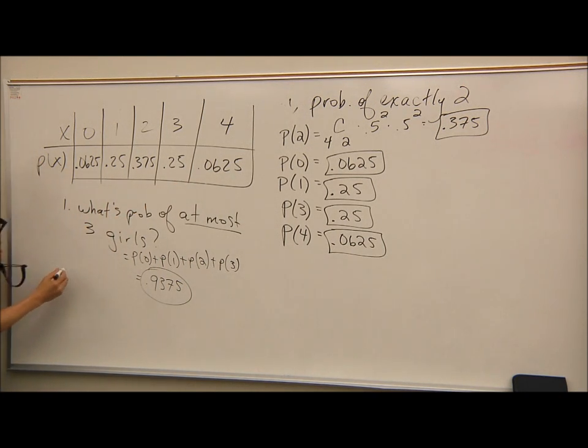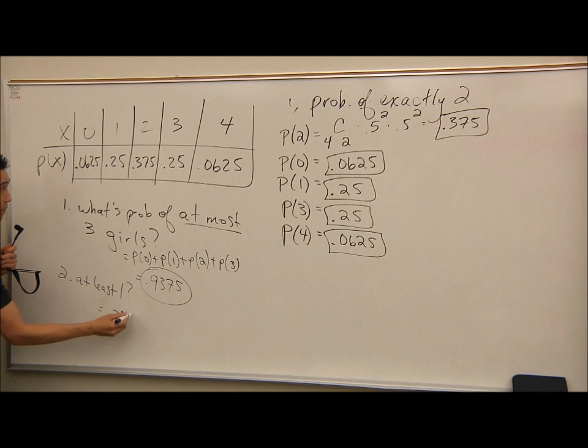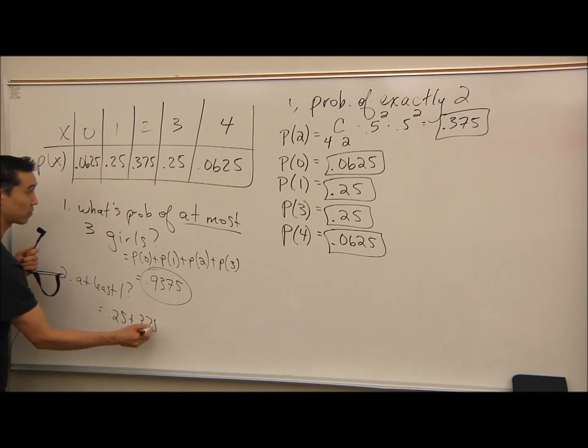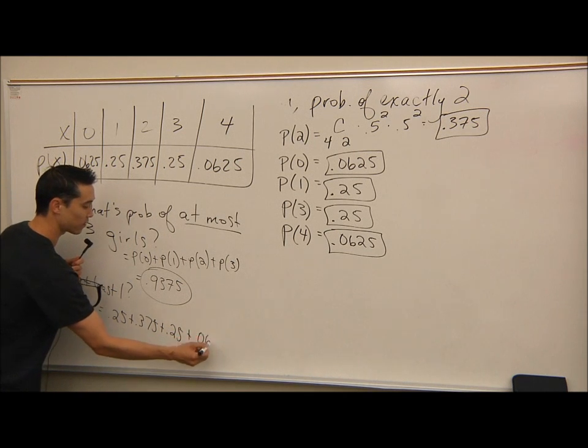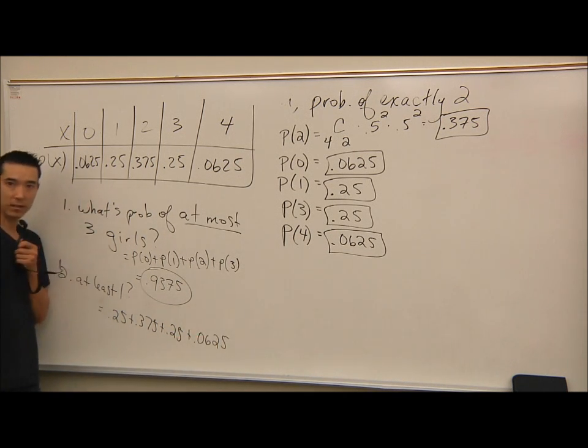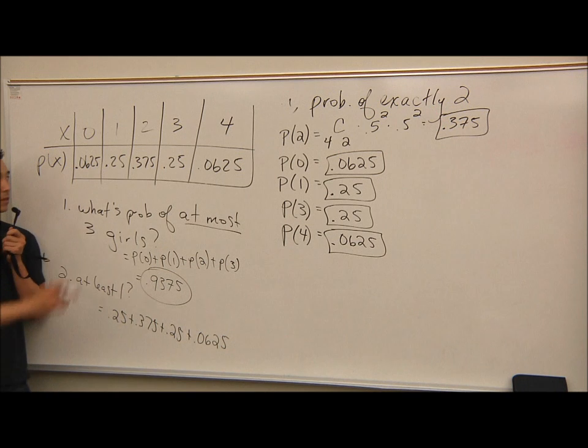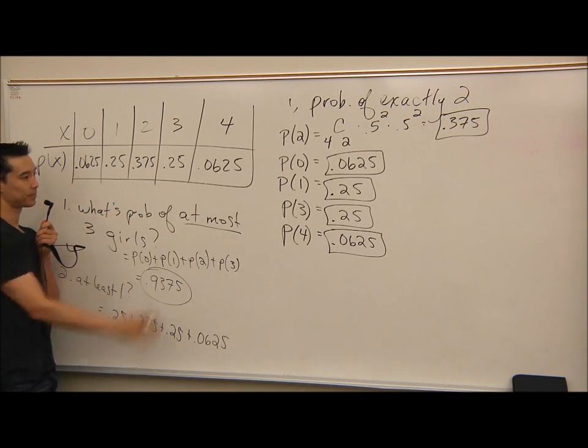Okay, so question 2. At least 1. You'd have 0.25 plus 0.375 plus 0.25 plus 0.0625. That would be your answer for at least 1, because at least 1 is 1 and more.